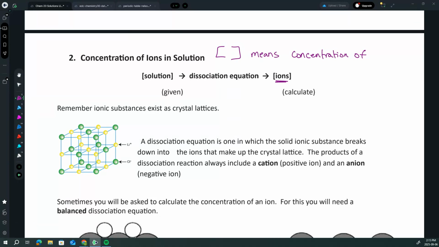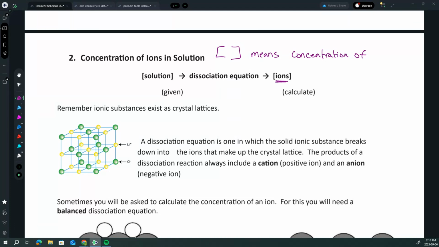Molecular compounds do not exist as crystal lattices. It's only ionic substances. And also, particular to ionic substances, those substances are what dissociates. Molecular compounds are the ones that ionize.